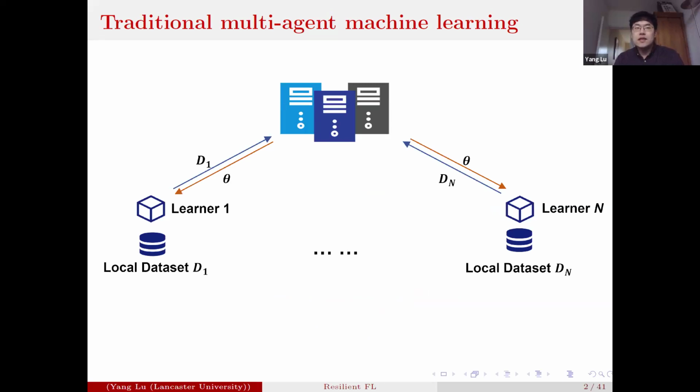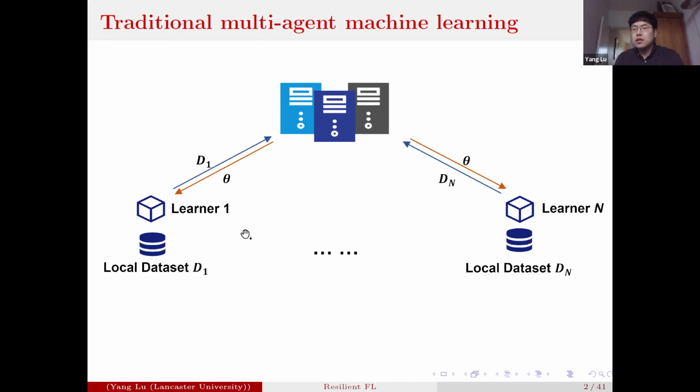I will start with just reviewing very basic things of traditional multi-agent machine learning. I think people are very familiar with this kind of architecture. Usually you may have a central server here, and you may also have a bunch of users or learners or agents. I will use different terminologies interchangeably in the talk.